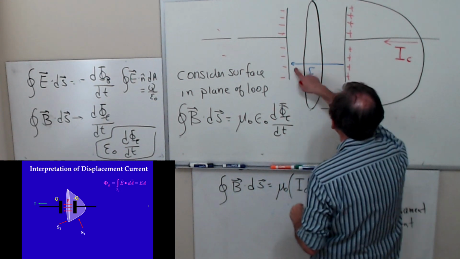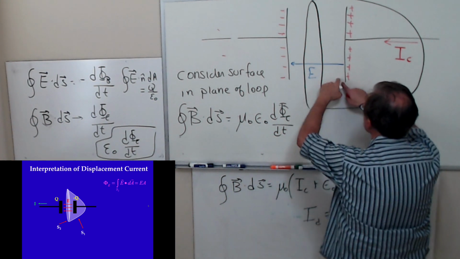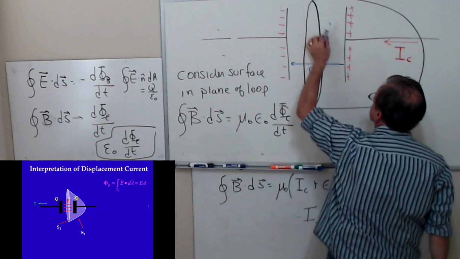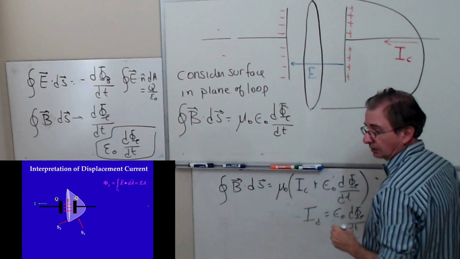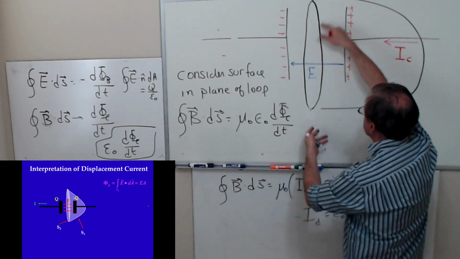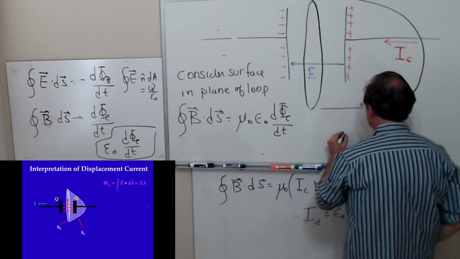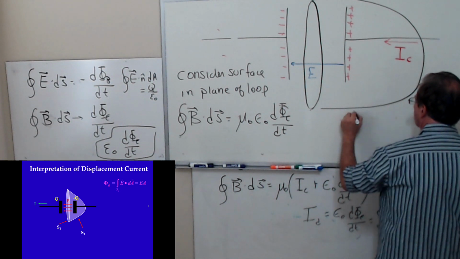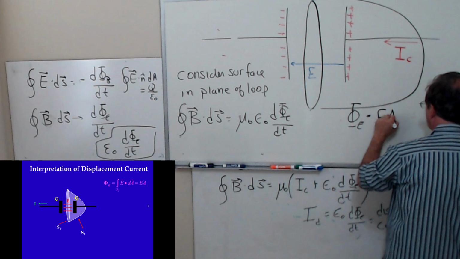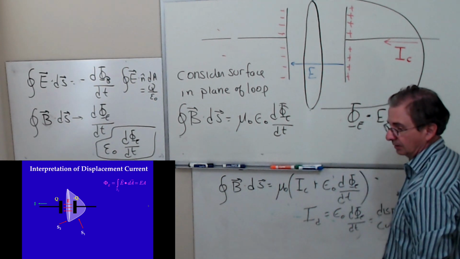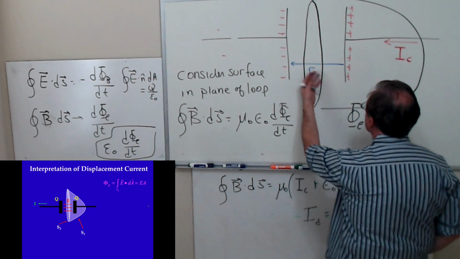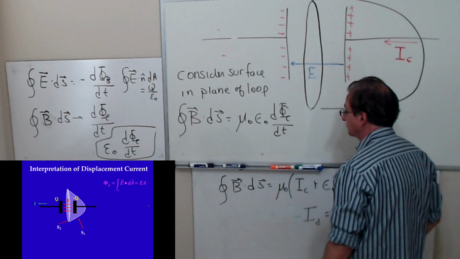Now, the electric field is uniform. What's the flux through this surface? No matter how big I make this ring, this loop, the flux is going to be E times A. We have a field here that's varying with time because the capacitor is charging up.